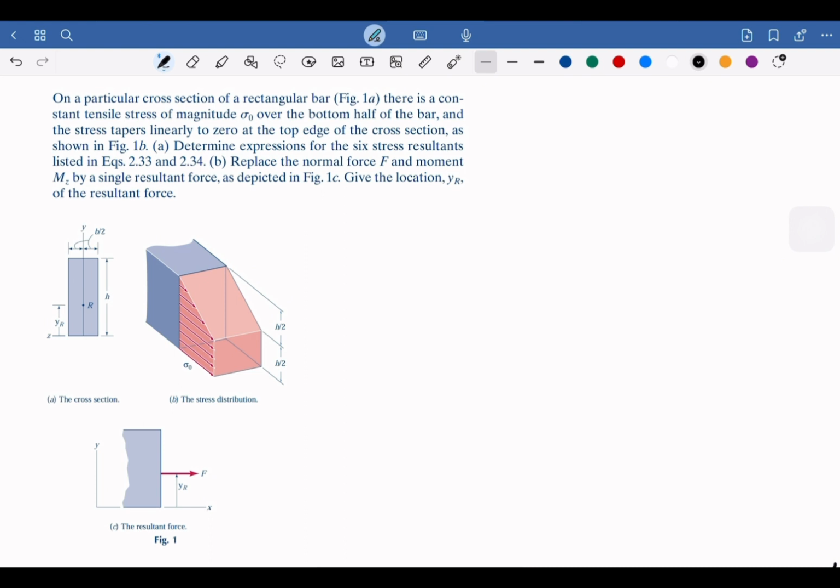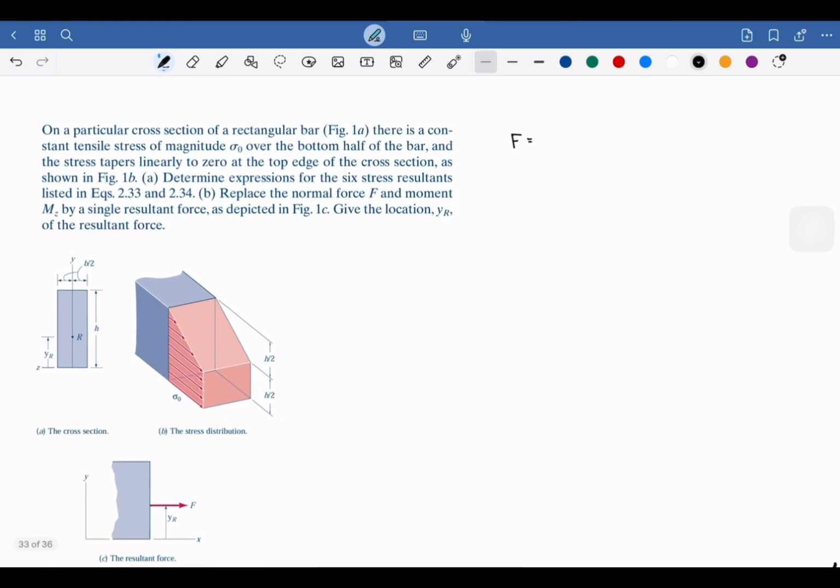which we can do by taking the F. So let me write here, finding the 6 stress resultants. So first is F, which will be the integration with respect to A of sigma x dA.